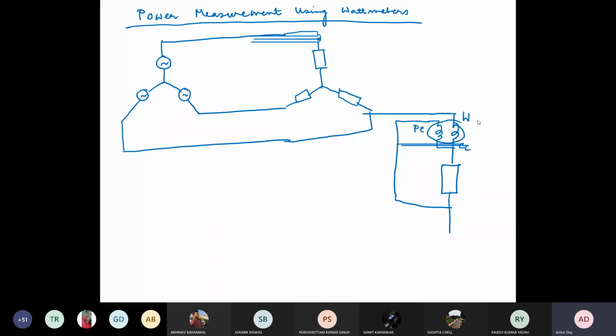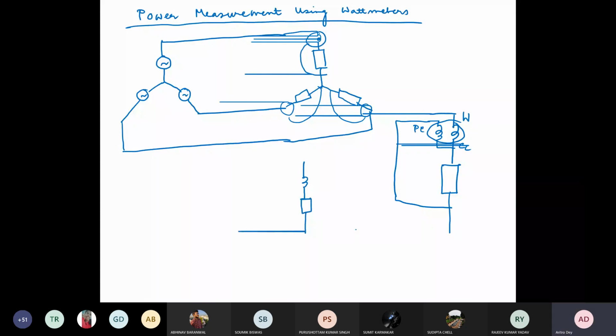And then it is using the 3 wattmeter method. So here there will be 1 wattmeter, here there will be another wattmeter like this. It's looking very bad actually. I don't know why it is coming so many times. If I try to redraw, I don't know whether I will be able to do it or not.